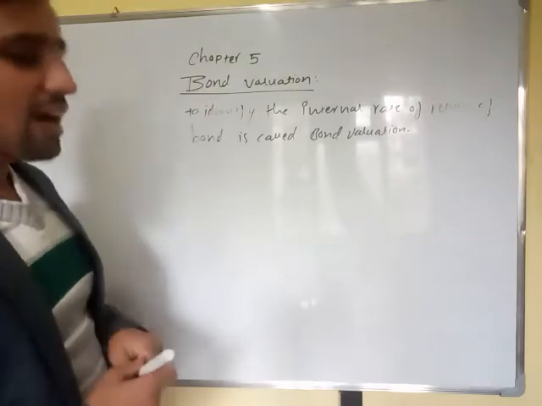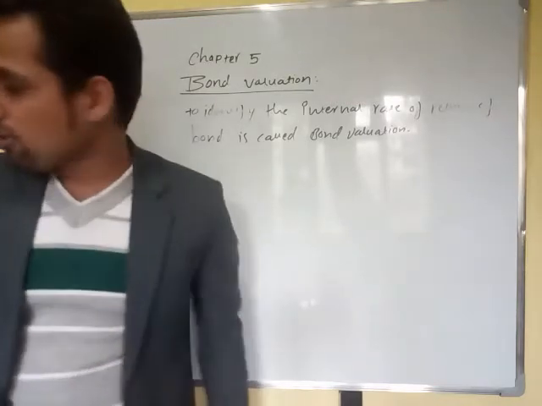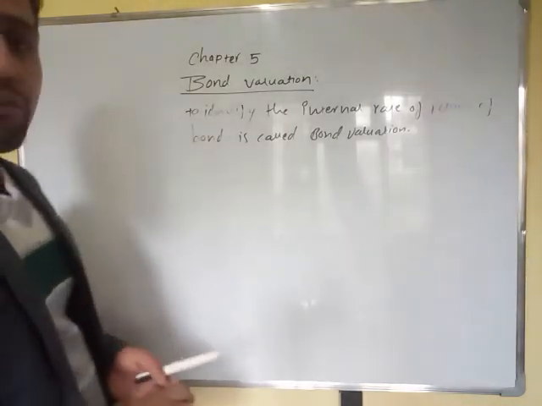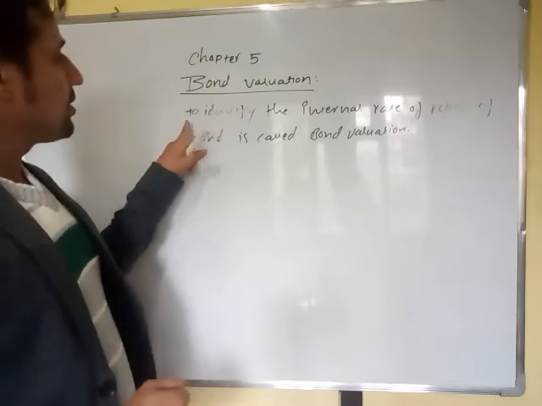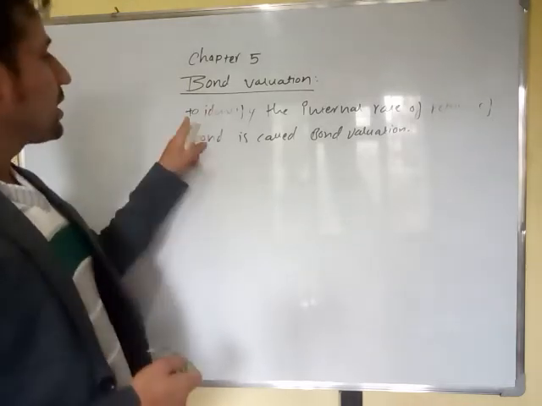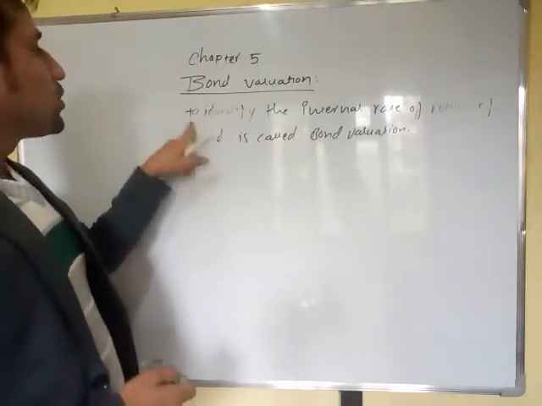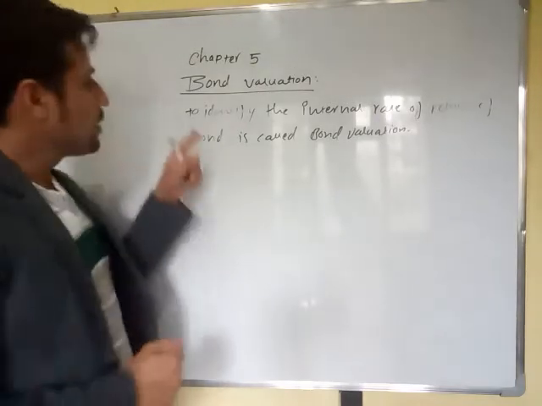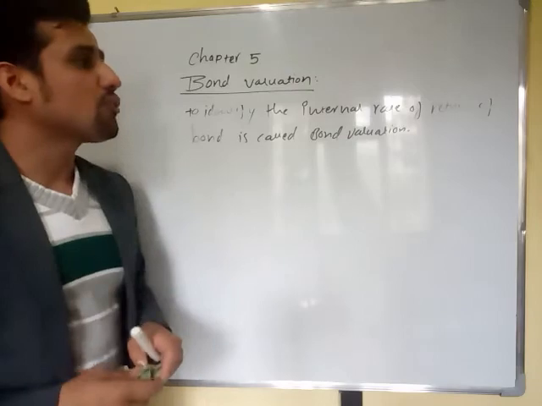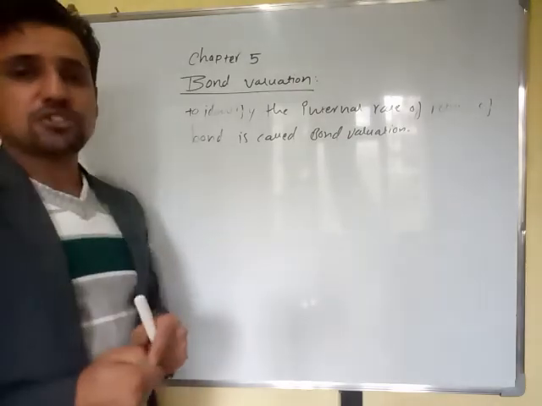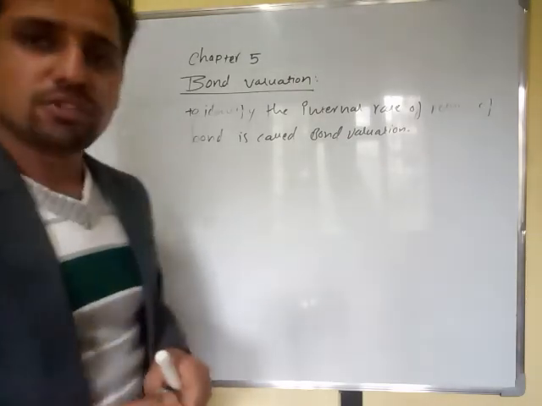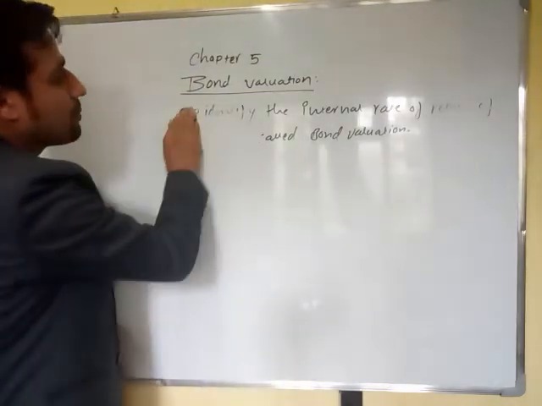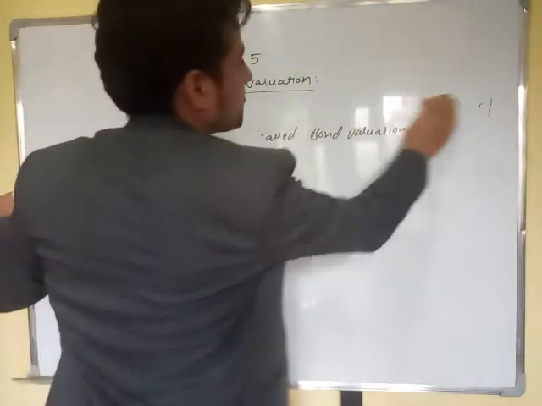Now I want to write the bond valuation formulas. Are you clear about this information? Bond valuation is to identify the internal rate of return of a bond. If you have any query, you can comment in the comment box.